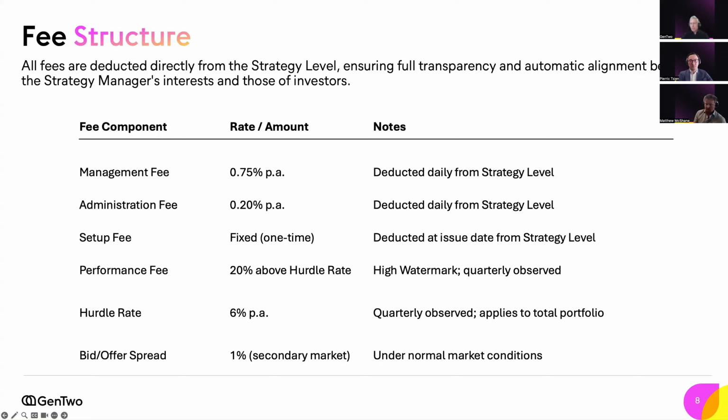These are template or dummy fees, but this is what we see in the market as being generally acceptable. You always have a management fee. Typically, you have an administration fee. You might have a setup fee to cover setup costs, and then a performance fee. Here we've gone for a simple quarterly observed high watermark performance fee with a hurdle rate applied, and then there is of course the bid offer spread on secondary market trades.